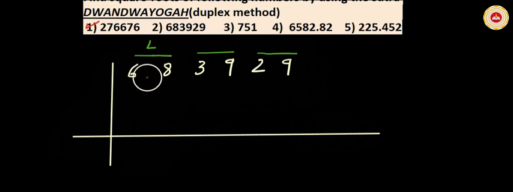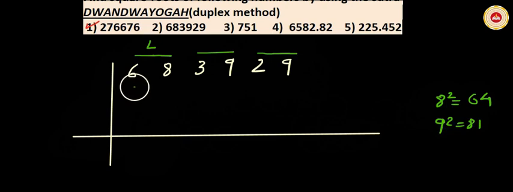Which is such number? 8 is such number. 8 squared is 64. Correct? 8 is such number. Because 9 squared is 81. 81 is greater than 68. And 7 squared is 49. 49 is less than 68 but it is not nearest to 68.